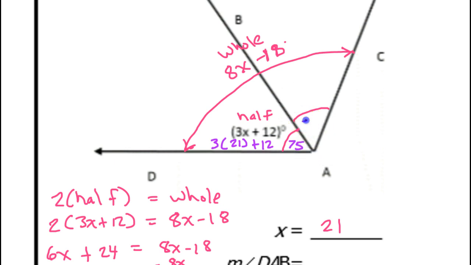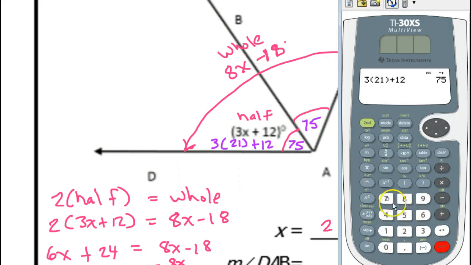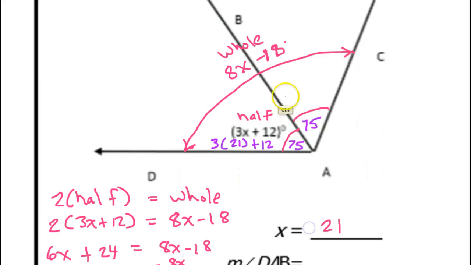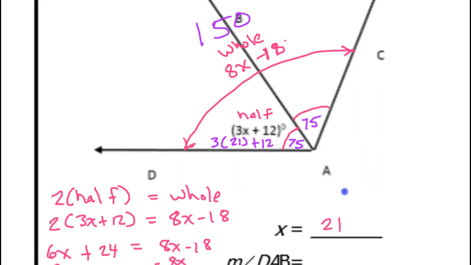That means the other angle over here must also be 75, and that means the whole big angle must equal 150. I'm just doing 75 plus 75. Boom.